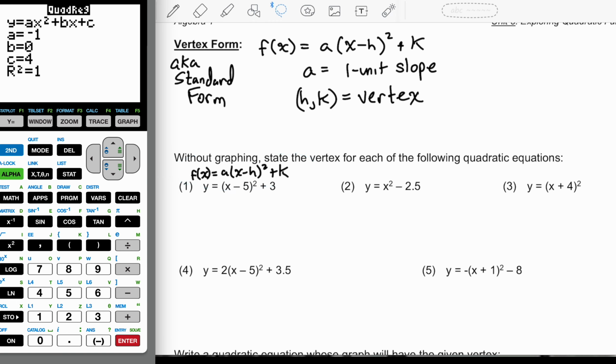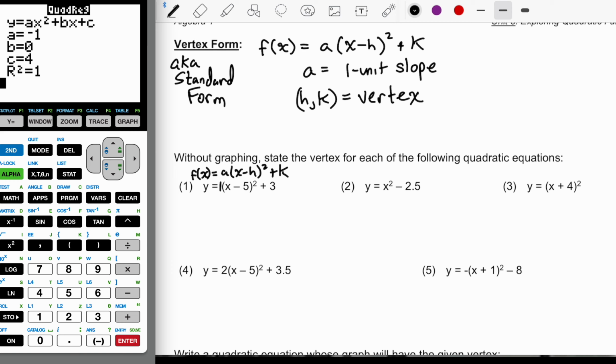We have certain pieces to this equation that need to be equal to one another. There are shortcuts, but let me show you the long cut first. It's not really that long, just a little longer. So we have the understood coefficient of 1 in front of the x minus 5 binomial.